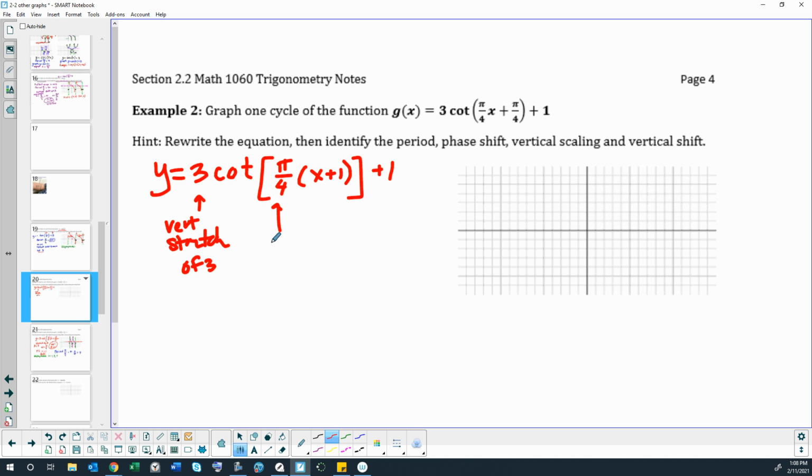We have omega, which is pi fourths. We have a phase shift, which is left 1. So we could just call that negative 1. That's left. And then we have a vertical shift, up 1.